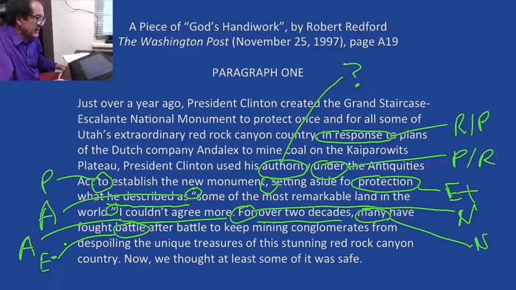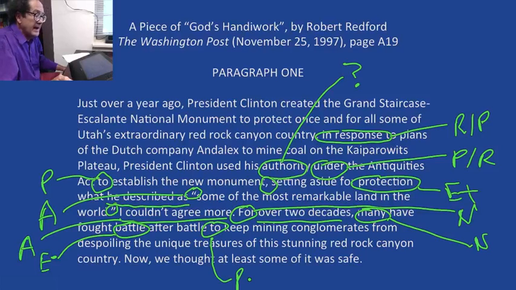To keep mining conglomerates from despoiling the treasures, right? Again, to can be seen as in order to. That's why they fought the battle. It explains the battle. Or because they wanted to keep the mining conglomerates from despoiling the countries. So it looks like to there is indicating the premise in an argument that explains why they fought battle after battle.